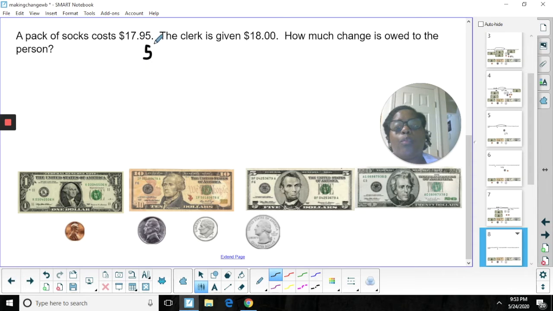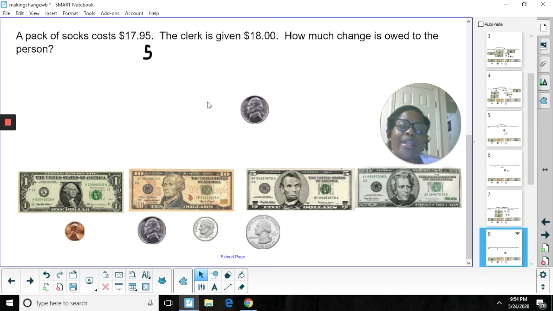So if we add this 5 to the $17.95, it's going to equal what? $18, right? So how much change does the person get back? 5 cents. Did you come up with that? If you did, you were right on point. Excellent. Okay, all right, let's go to the next page.